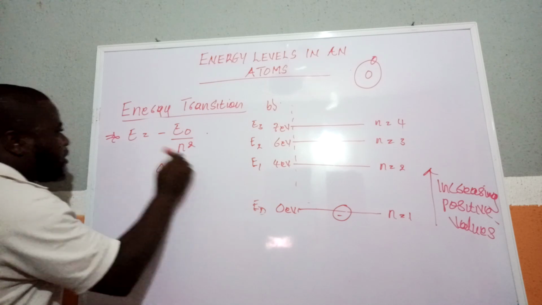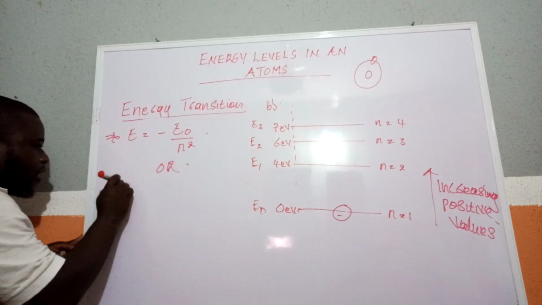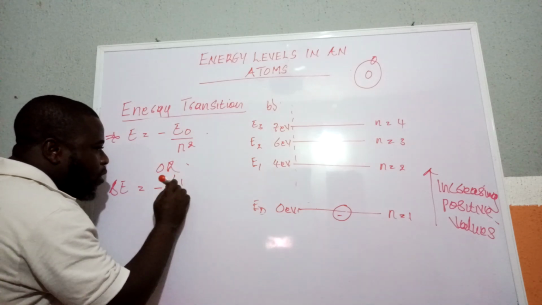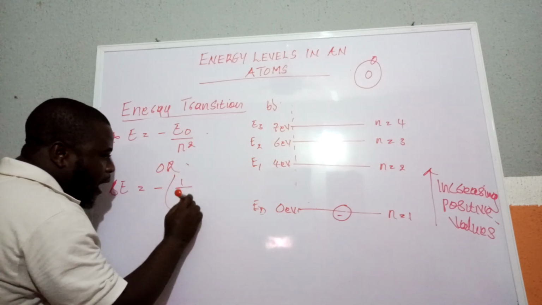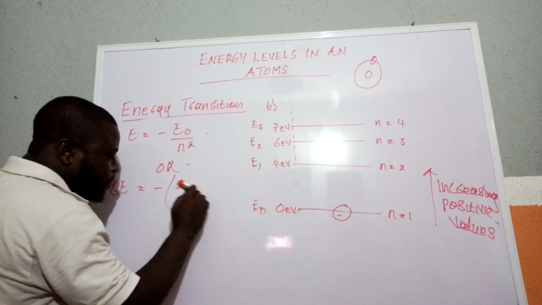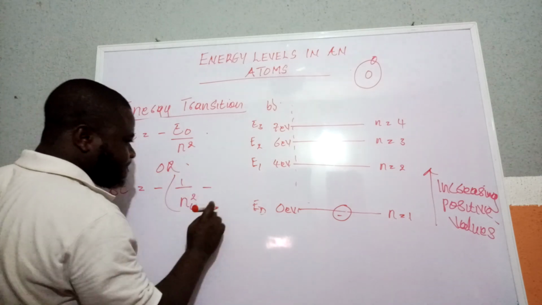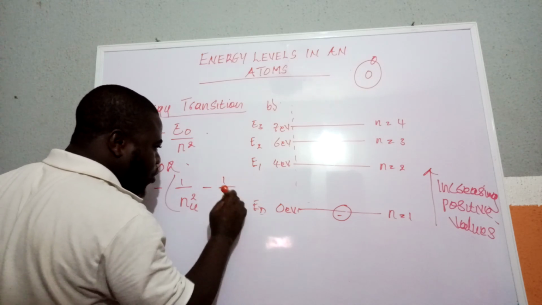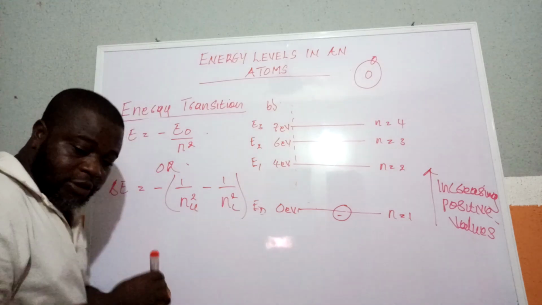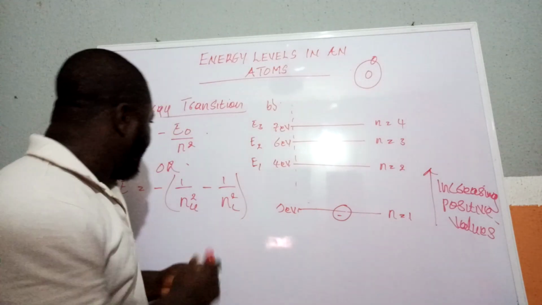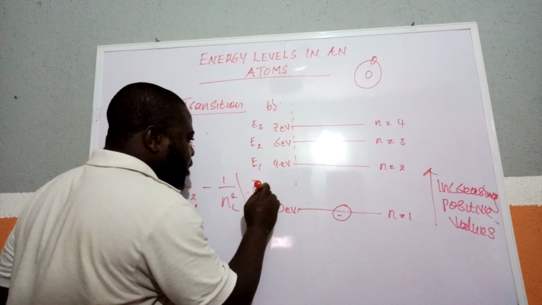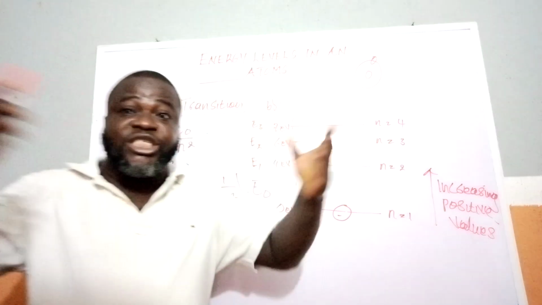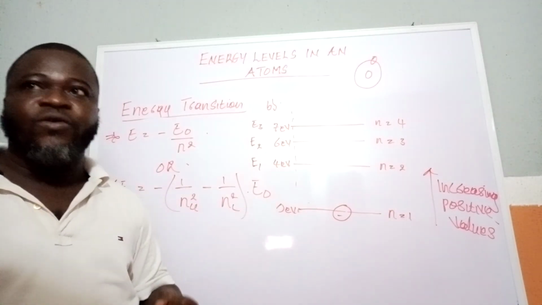We are talking about change in energy, and it will now be equal to minus, open bracket, 1 over n upper squared, minus 1 over n lower squared, then multiply by E naught. Multiply by E naught. That will be the change in energy level. Take note of that formula.